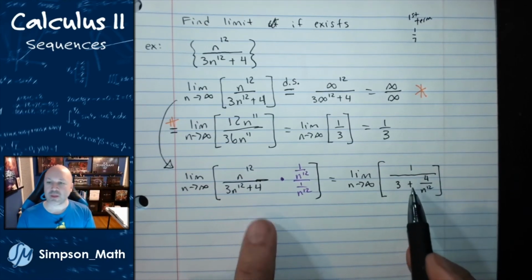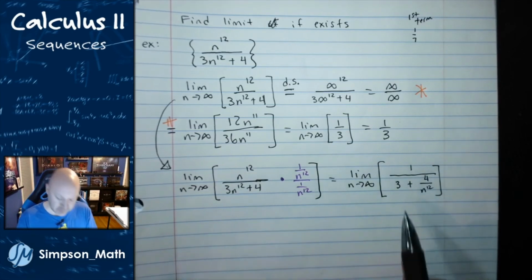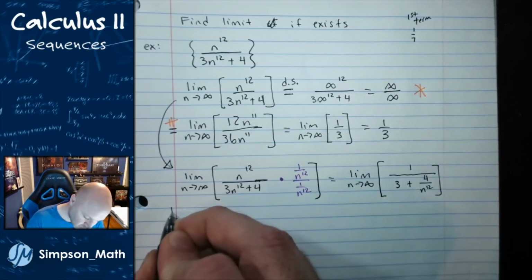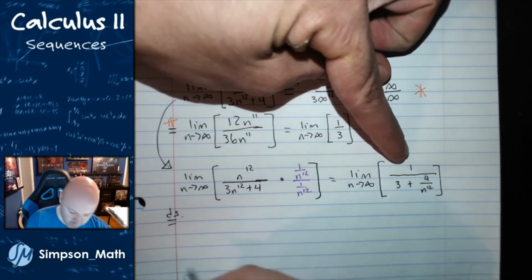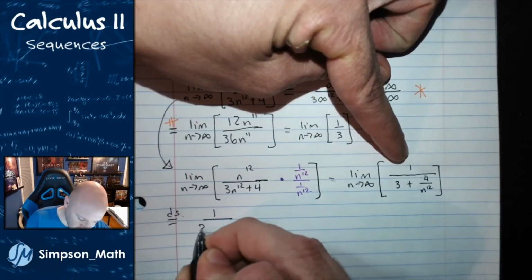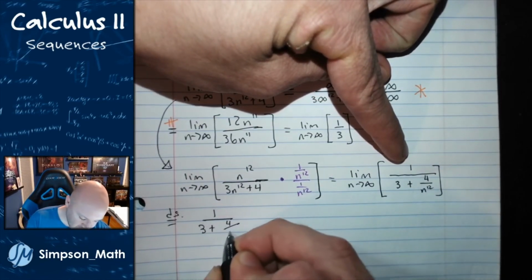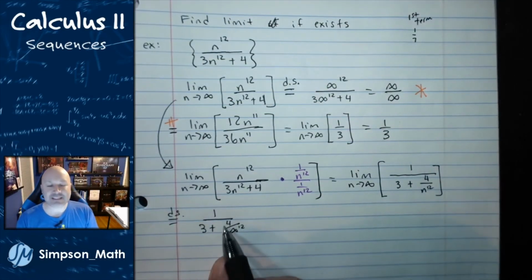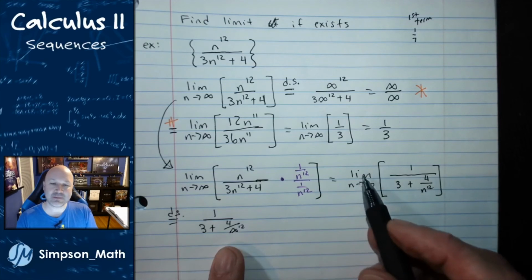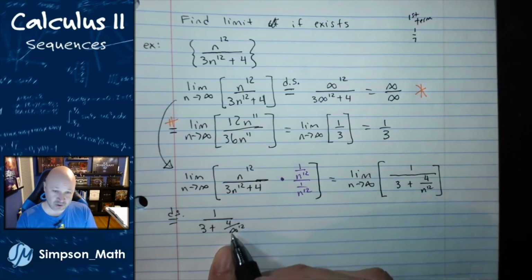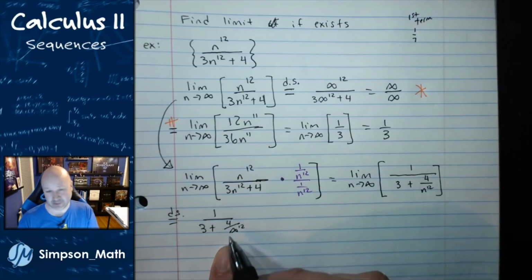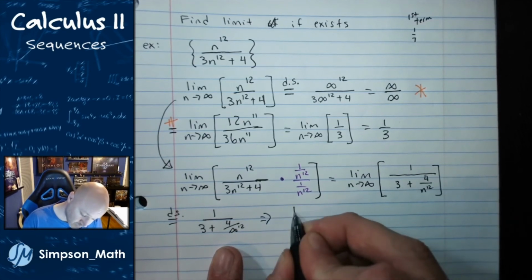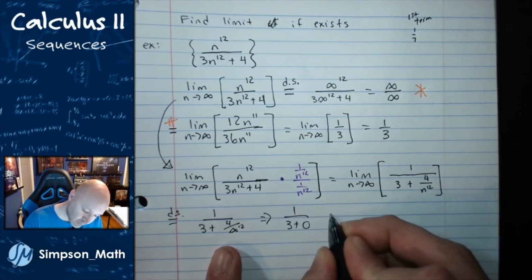Now when I direct substitute, I have 1 over 3 plus 4 over infinity. This is kind of nonsense, but in this limiting process, 4 over infinity is going to 0. So we get the 1/3.